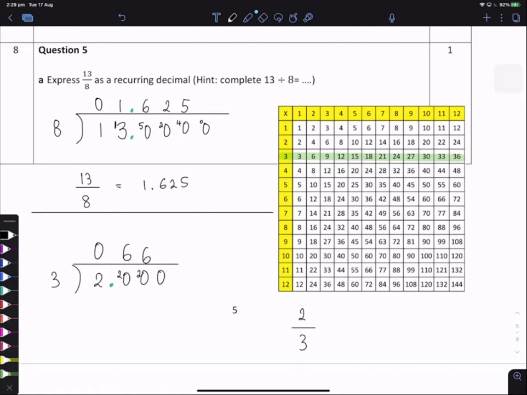And what's the remainder going to be? 2. Correct, Afnan. Oh, but it comes up at 20 again. Oh, so we know this pattern, and then we can fill it out more. We know the remainder is 2, so we get another 6. But then if we write a 6 at the top, there has to be another remainder of 2. So you have to keep going.